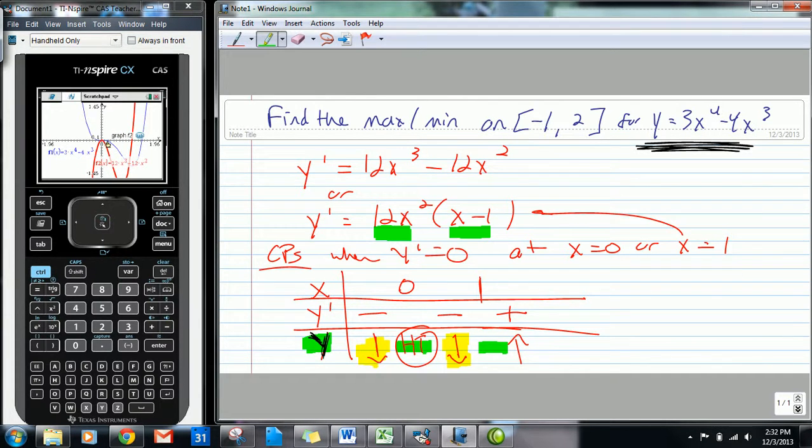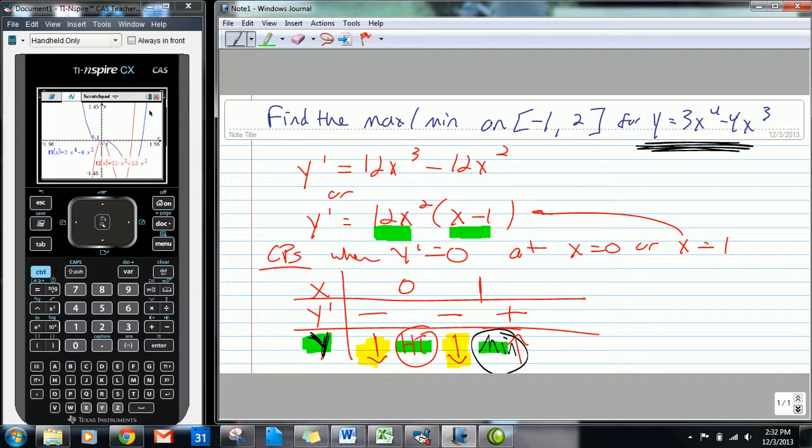If that's where it changes a function from decreasing to increasing, that's right, that makes it a min. Right? So I now know for sure, which is something that was fairly obvious just by looking at the function, that at x equals 1 we have a minimum value. But just looking at something isn't very rigorous, right?